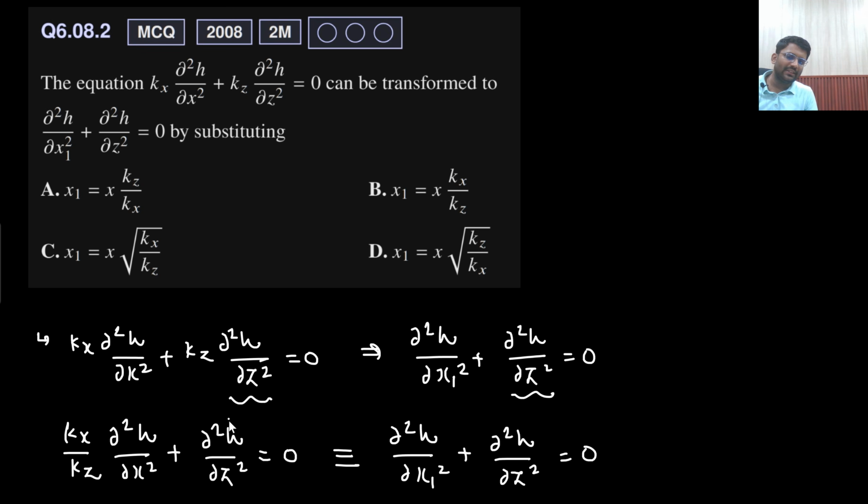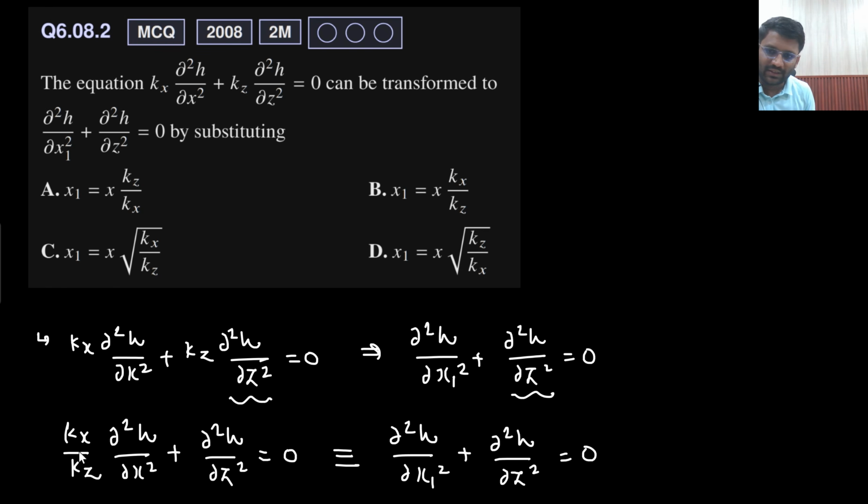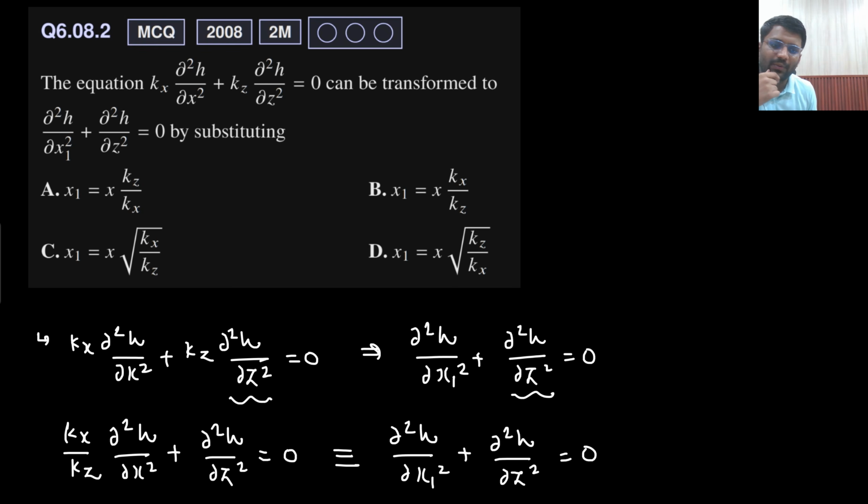So if you equate them, you can see that sir, this and this is same. That means this and this has to be same. From here what you are getting is that, sir, kx divided with kz, del square h by del x square should be equated to del square h by del x1 square.